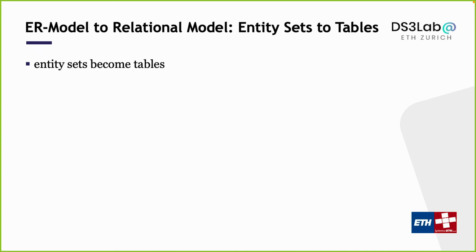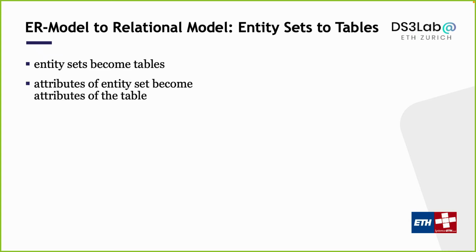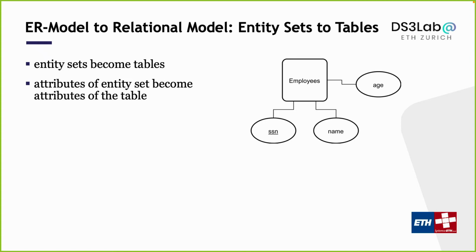Entity sets become tables, and attributes of an entity set become attributes of that table. Assume I have this entity relationship diagram with an employee, and three different attributes. One attribute is called SSN, which is the primary key. Then I have another attribute, name, and an attribute, age.